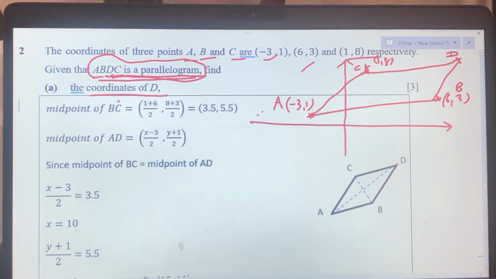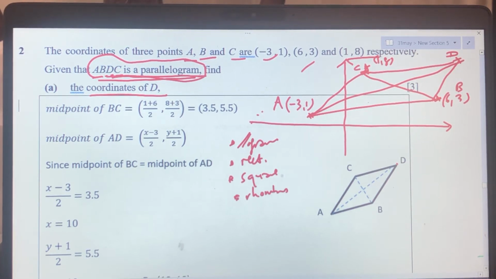Now the other thing is this. To find the coordinates of D, we have actually done this many times in class, whereby the diagonals of a parallelogram, and a parallelogram would also include rectangle, square, rhombus, they're all the same, so these four shapes, the diagonals will intersect at the same point.